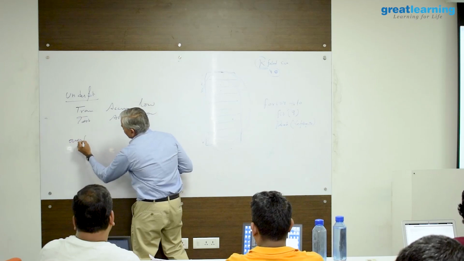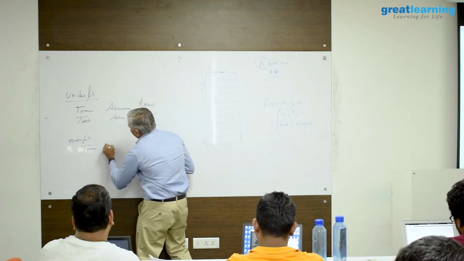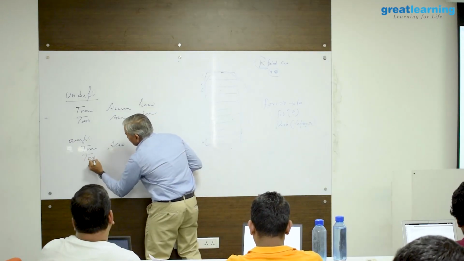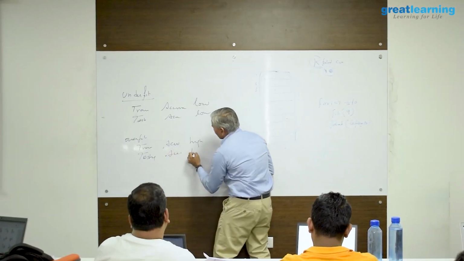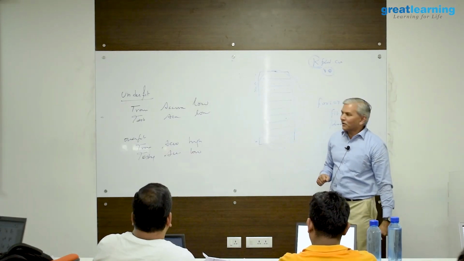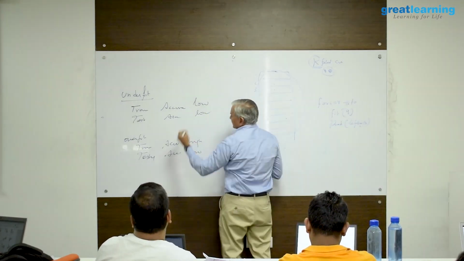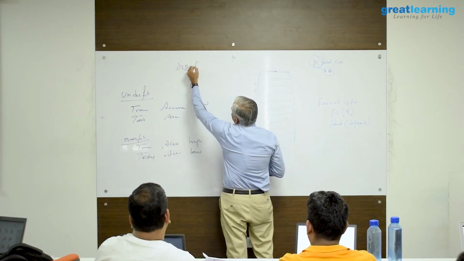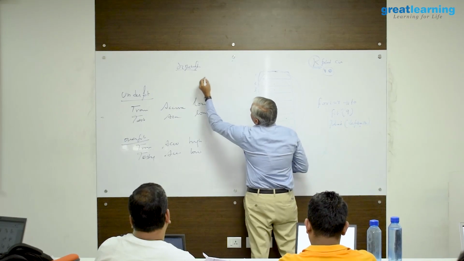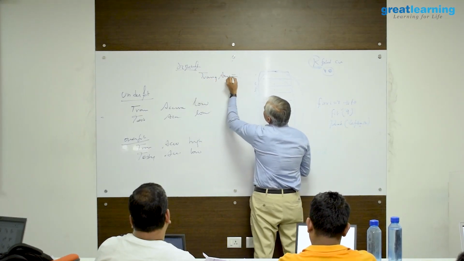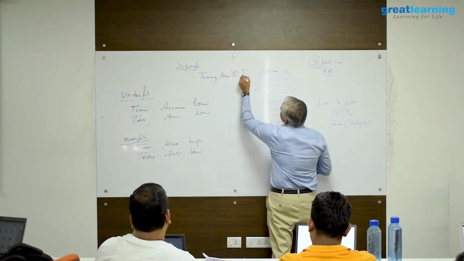Overfit is that case where training accuracy is very high and testing accuracy is very low. Right fit is that case where training accuracy is more or less equal to test accuracy.